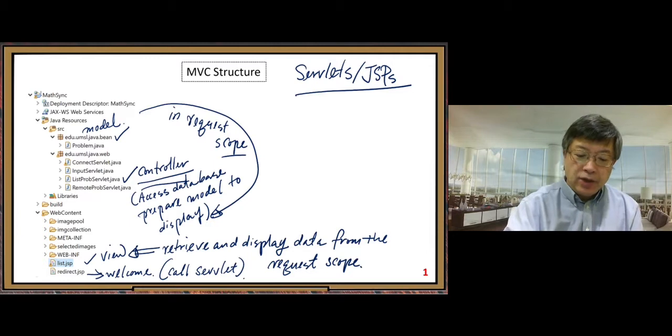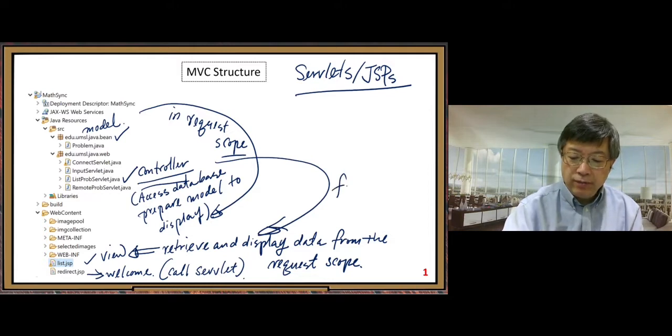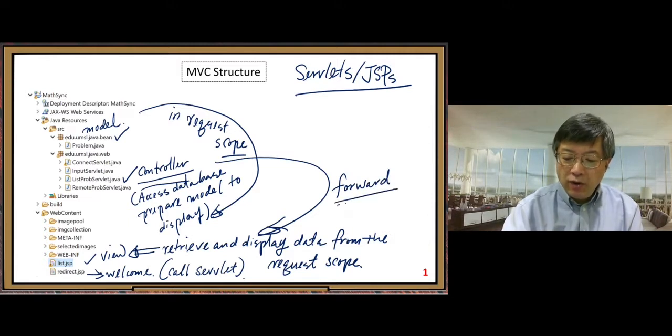And from the controller to the view, we use the forward way, because when we use forward, we stay in the same request scope.